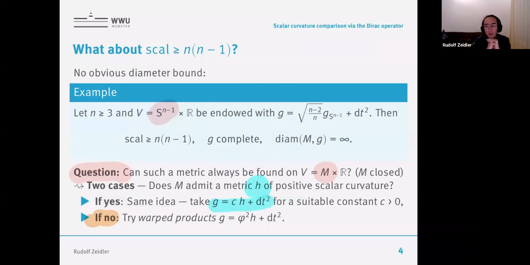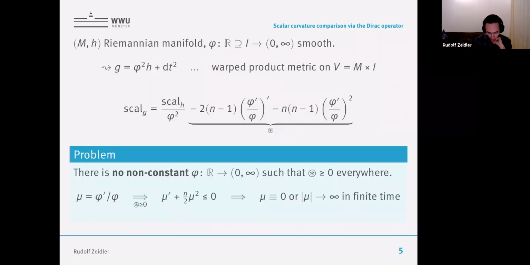So the first idea that might come to mind is to take a generalized kind of product, a so-called warped product. So what is a warped product? A warped product metric is also a relatively simple-minded construction, but it is very powerful. So you start with, again, some Riemannian metric.